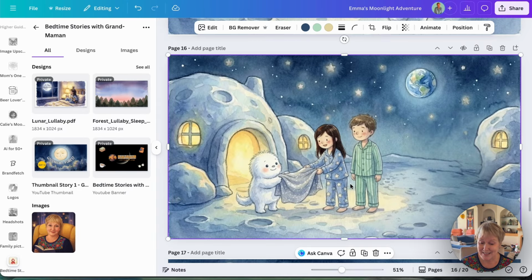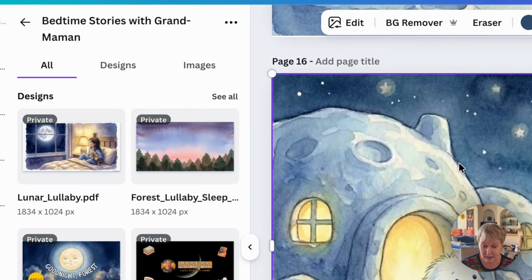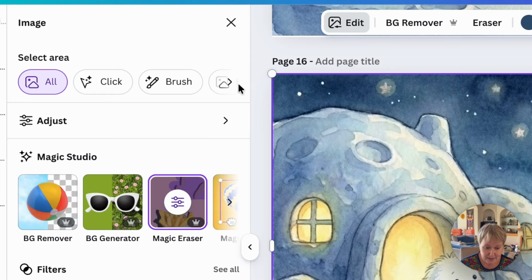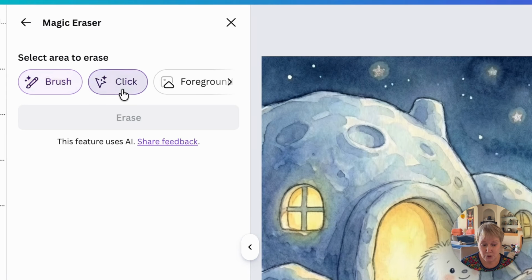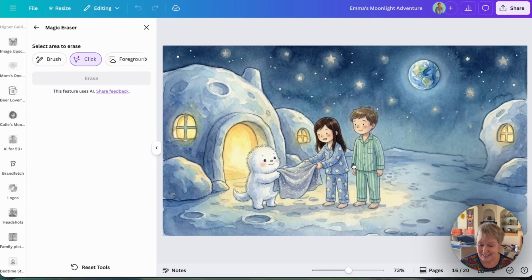So what I did is I actually used the edit here, and I went into, here we go, Magic Eraser. And it's really easy with Magic Eraser. I'm in it right now. If you click, it will identify things.